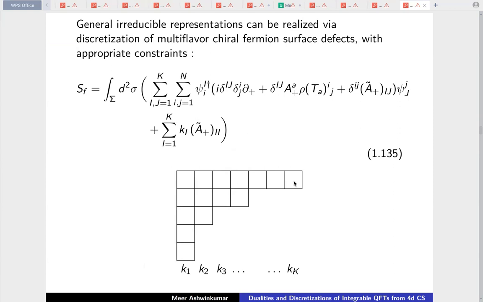So what this means is that if I discretize these surface defects, which give rise to some kind of massless thirring model, I will obtain a lattice model where the representations of the Wilson line are these irreducible representations, and then the R matrices are intertwiners for representations of this type.